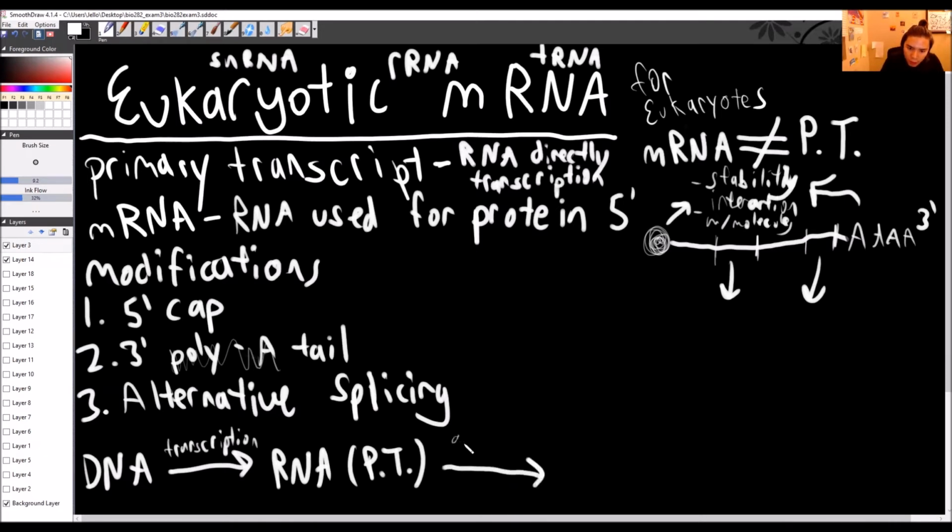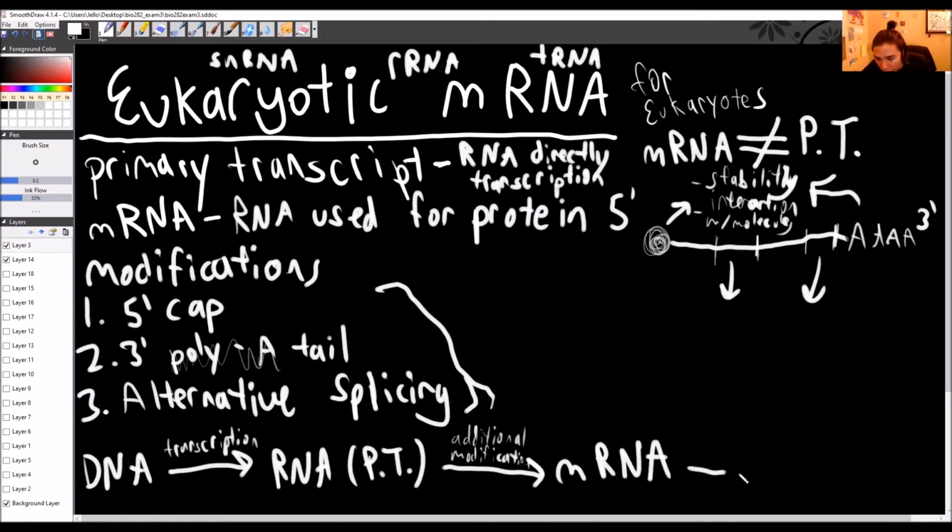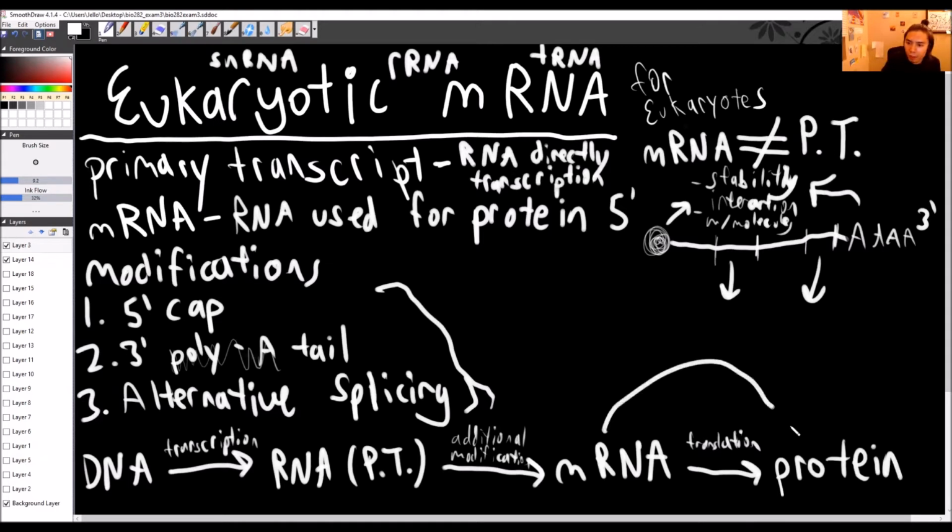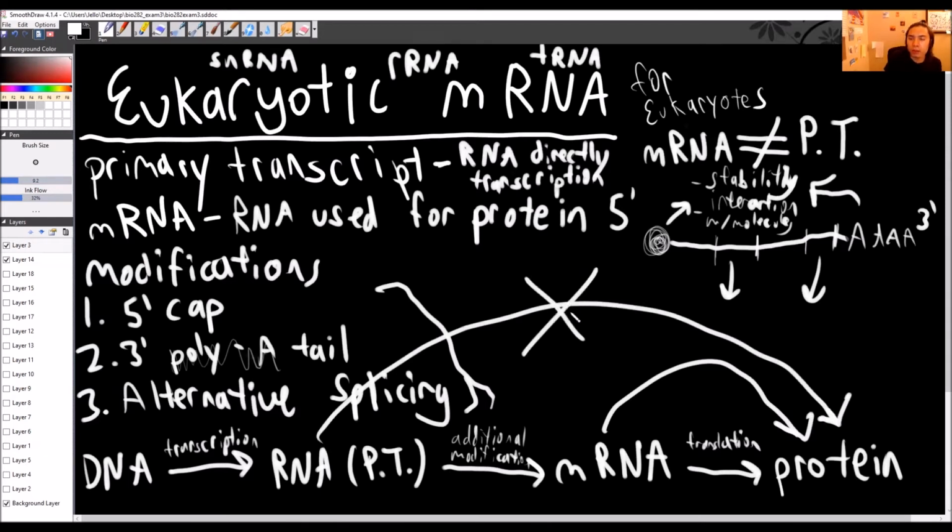So we do additional modification, with these three things. And then after that, we get our mRNA. And then this mRNA is translated into protein. So this means that our mRNA was used to make the protein, not our primary transcript, because it was modified. So this is for eukaryotes.